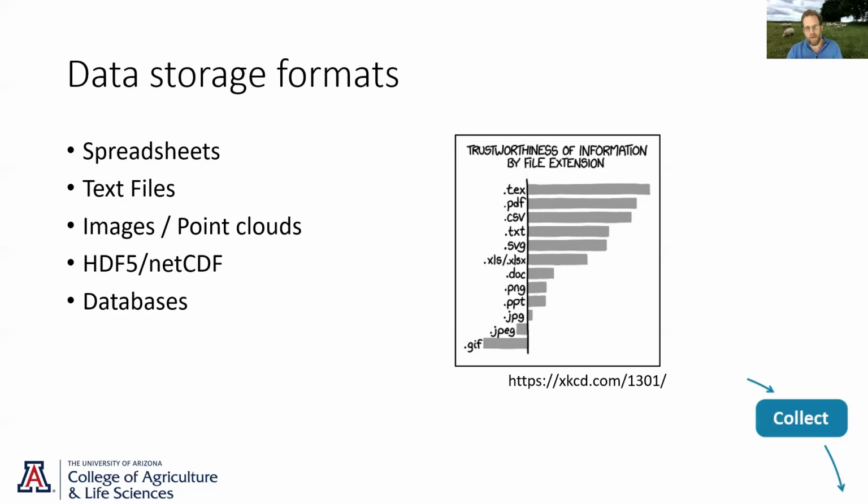Databases similarly are efficient for accessing data, and to a lesser extent for storing or archiving data. Usually if you want to archive a database, the recommendation is to dump it out into something like a NetCDF file or a text file.